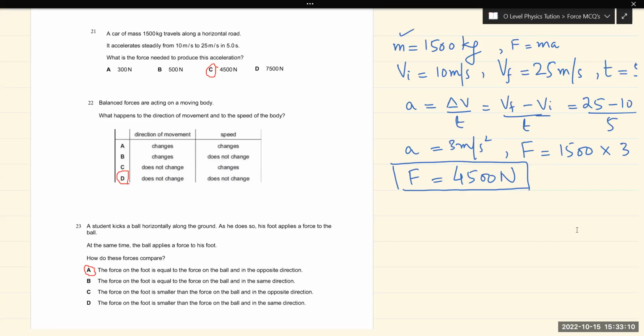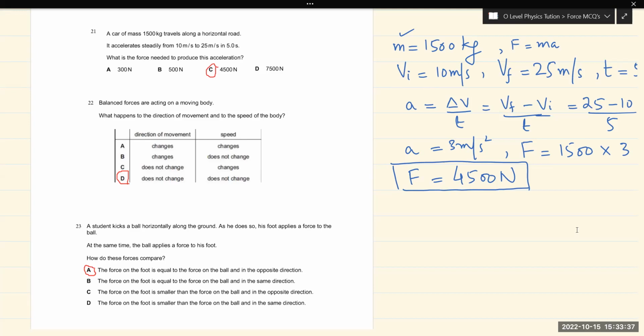So the acceleration is the rate of change of velocity, which is 25 minus 10 divided by 5, which is 15 divided by 5, which is 3. So acceleration is 3 meter per second square.